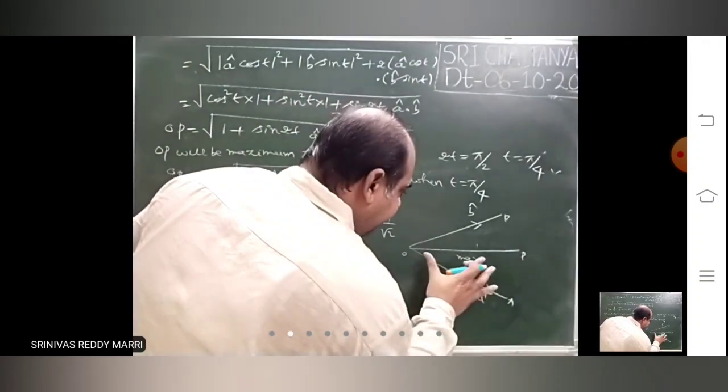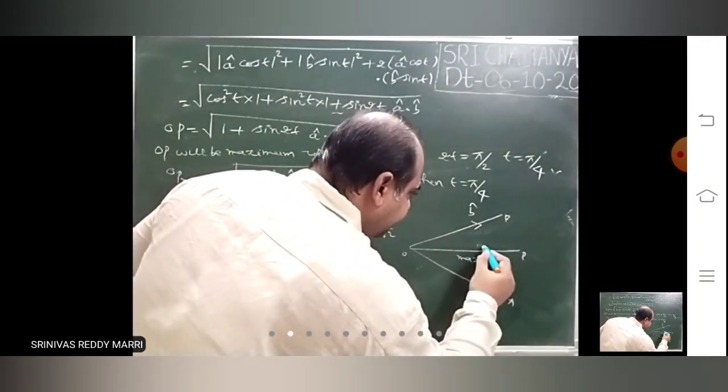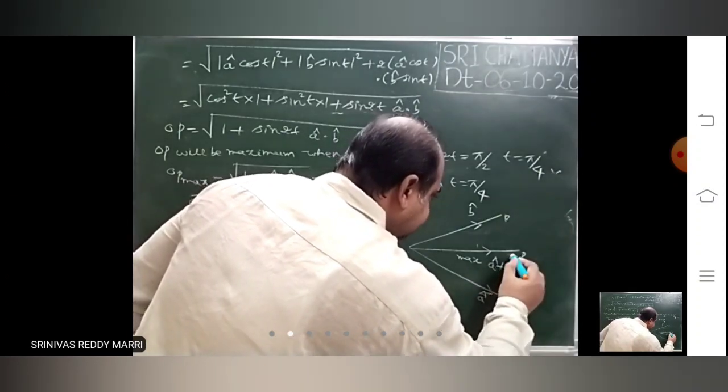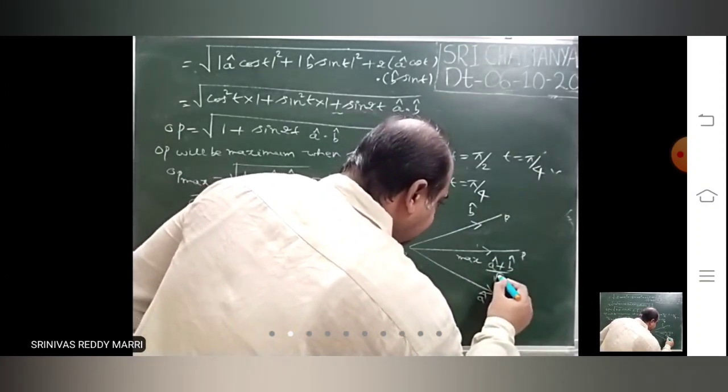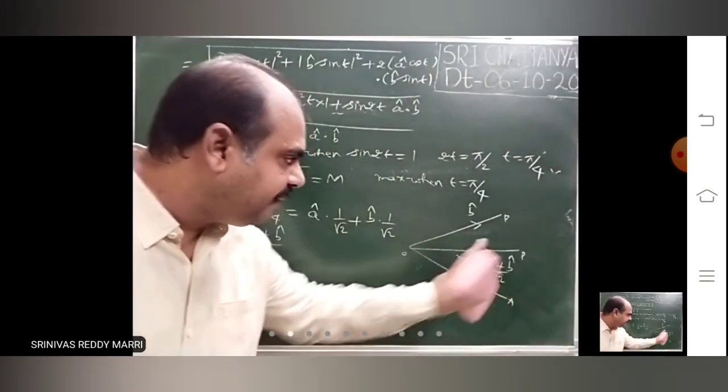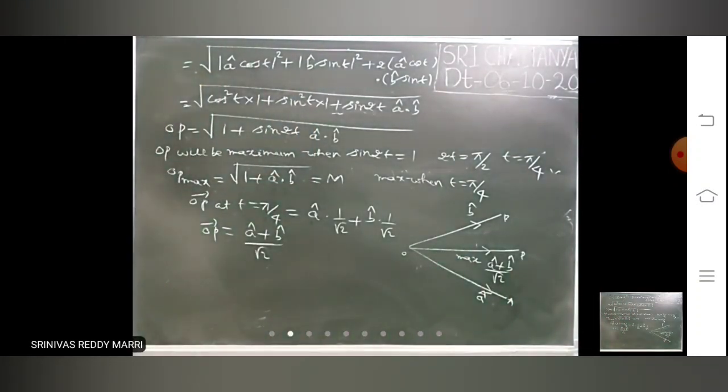That means when it is at maximum distance from origin, at that instant t equal to pi by 4, its position vector OP bar is A cap plus B cap divided by root 2.